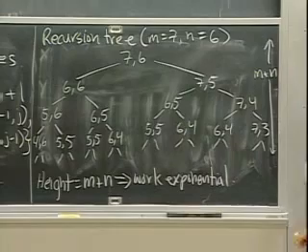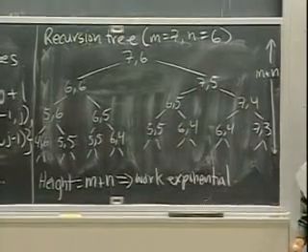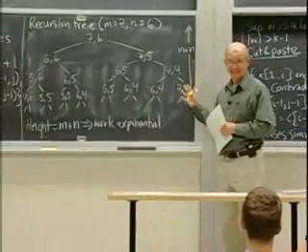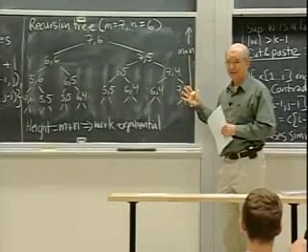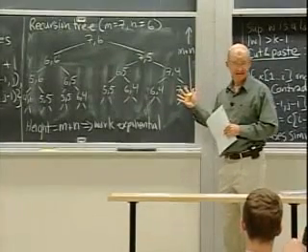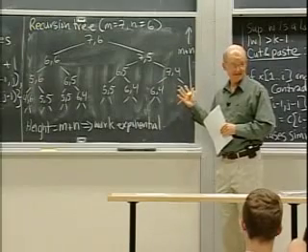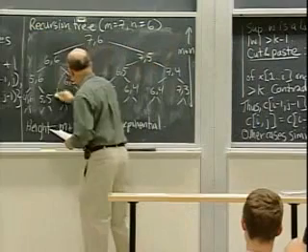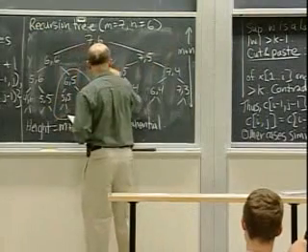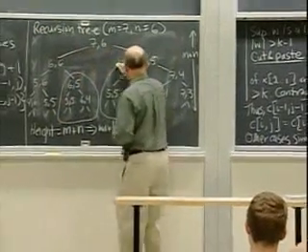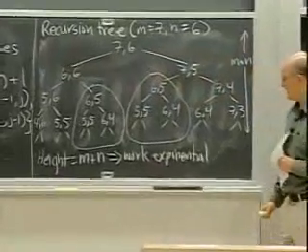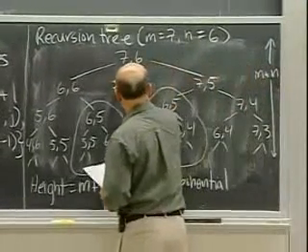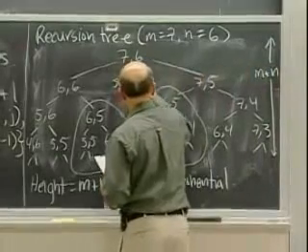But I'm sure that some of you have observed something interesting about this tree. Yeah, there's a lot of repeated work here. In particular, this whole subtree and this whole subtree, they're the same. That's the same subproblem that you're solving.